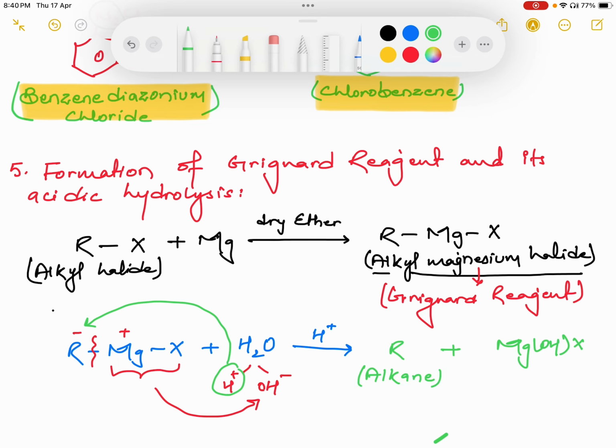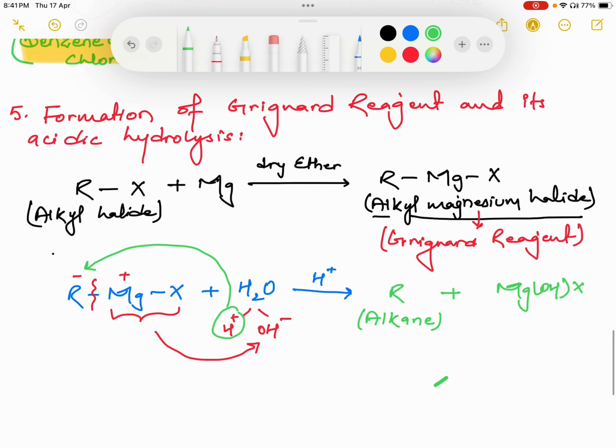So if alkyl halide is treated with magnesium in the presence of dry ether, alkyl magnesium halide or Grignard reagent is formed. And if it is further hydrolyzed in acidic medium, it will give you alkane. Now, to a very common reaction, that is Wurtz-Fittig reaction. Wurtz reaction and Wurtz-Fittig reaction. Let's go for that as well. That's quite easy.